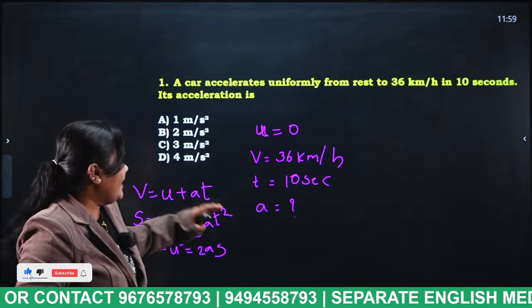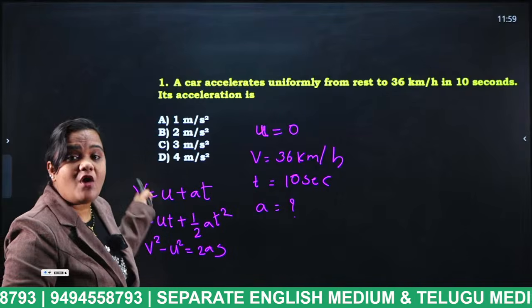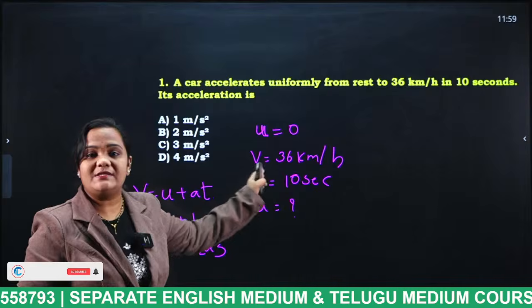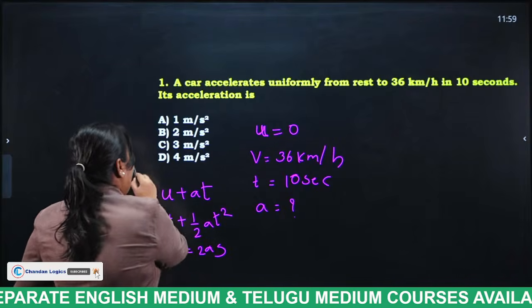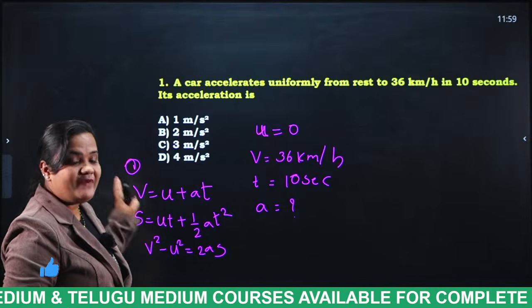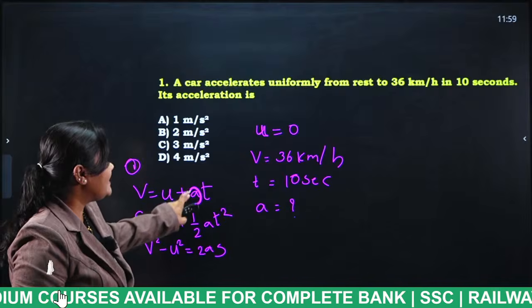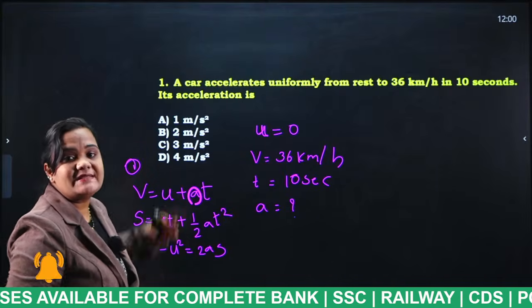Look at the given values and look at the formulas, students. Which formula will be applied to this type of problem? Formula 1. Why? Because we know the final velocity, we know the initial velocity, but we do not know the acceleration. Now, how to solve for acceleration?